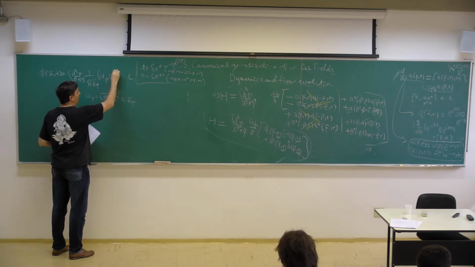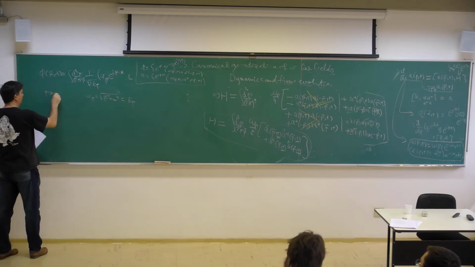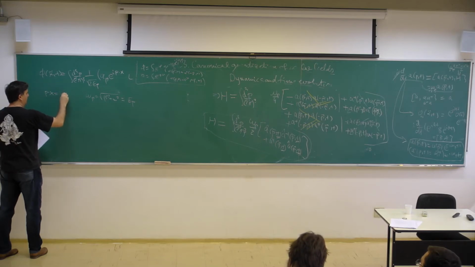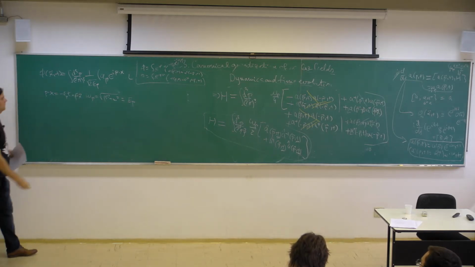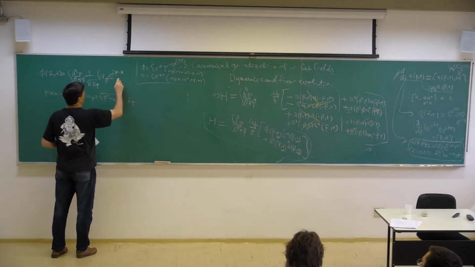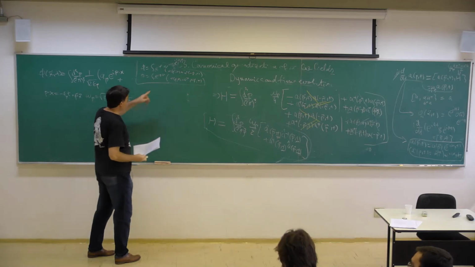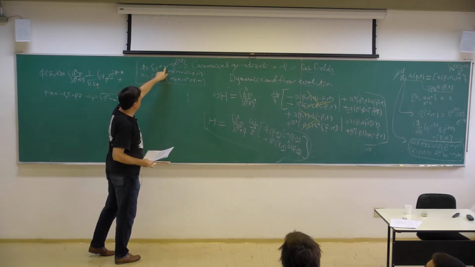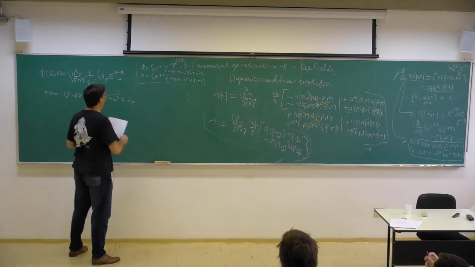Now e to the i px, where px is just minus Et plus p·x, right? And then the second term had e to the minus ipx, A dagger, but A dagger comes with e to the plus i omega t.